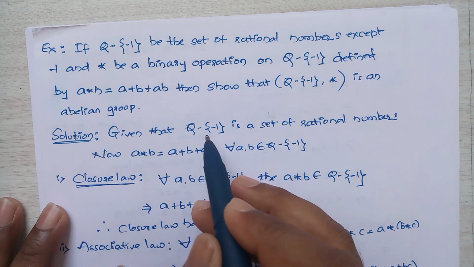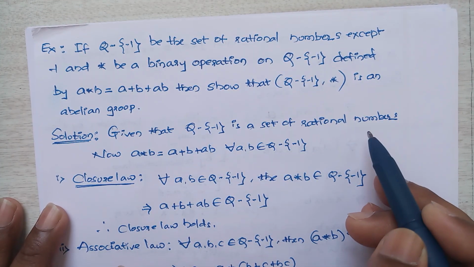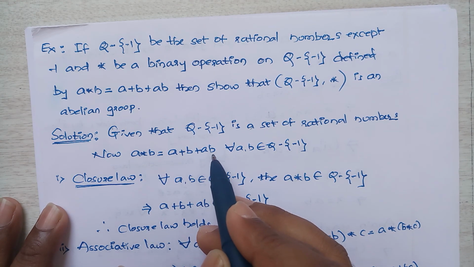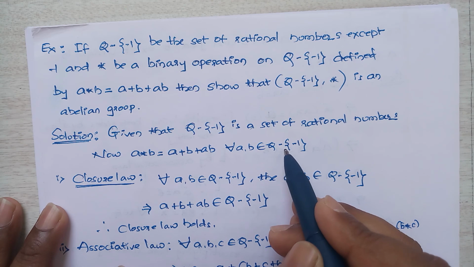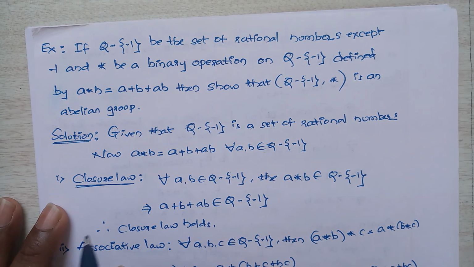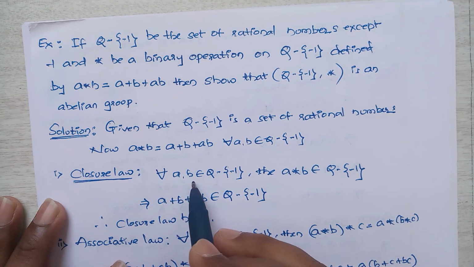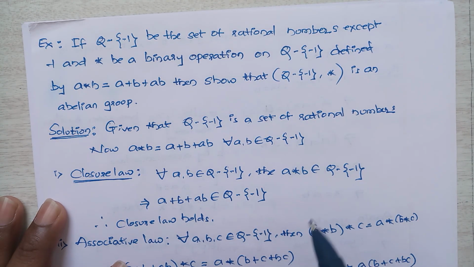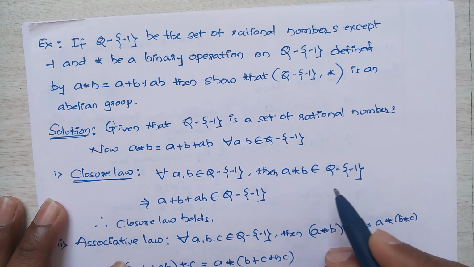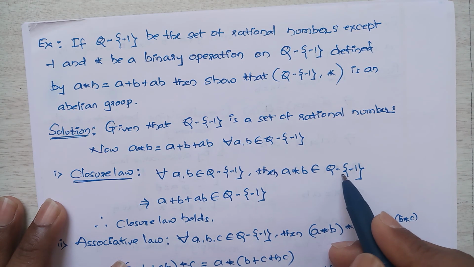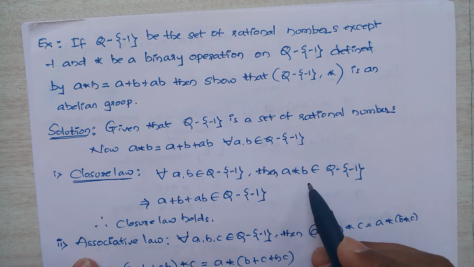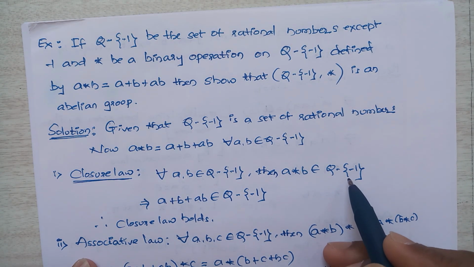Here the given data is that Q minus of 1 is the set of rational numbers, and a star b is equal to a plus b plus ab for all a, b belongs to Q minus of 1. So here, closure law: for all a, b belongs to Q minus of 1, a star b belongs to Q minus of 1. If you take any rational numbers other than minus 1, you get a rational number other than minus 1.